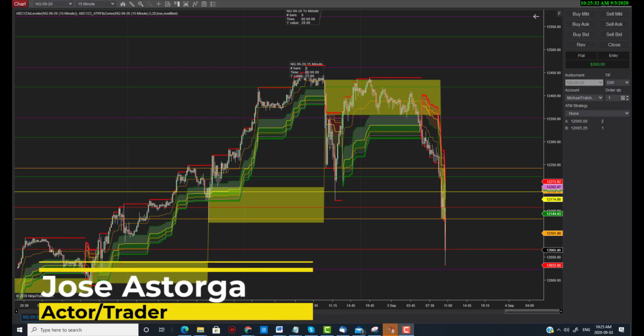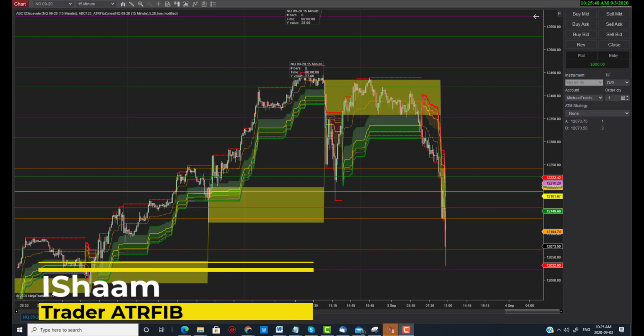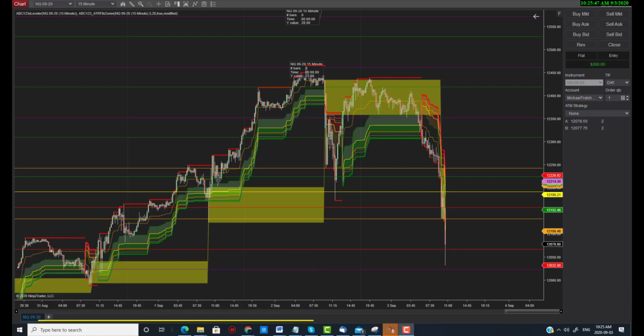And also I'm using part of the ATRFib that was introduced to me by Ishaam as well. So I'm trying to hybrid a few things and try to find a system that you can use for targets. So what I'm going to show you is Jose's system, and I tested it this morning.